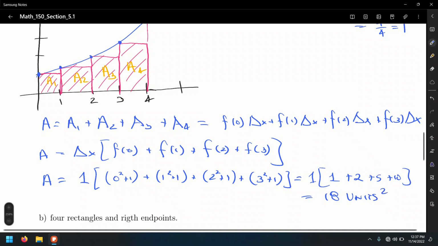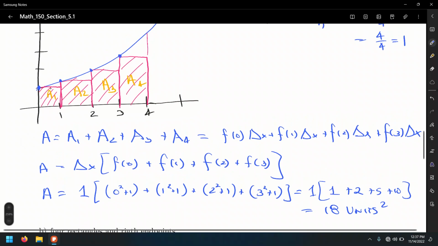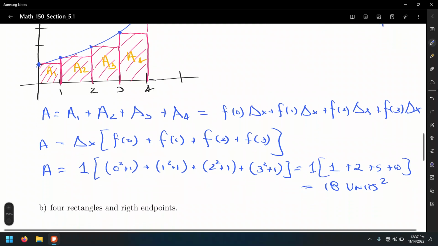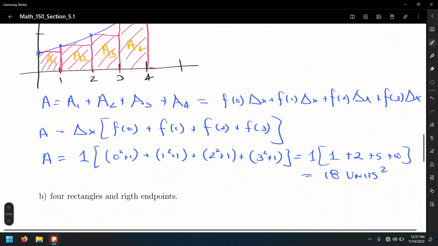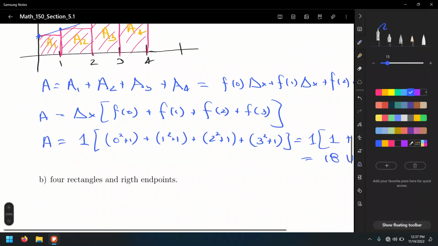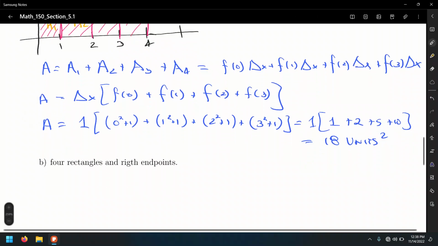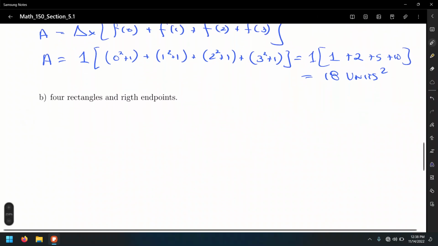So that's actually the underestimate due to the areas that we have here below, that we're not considering these little pieces of emptiness here. Now let's do the other region using an overestimate, and that is the right endpoint. So let's see. For right endpoint, and let me do the whole graph again.